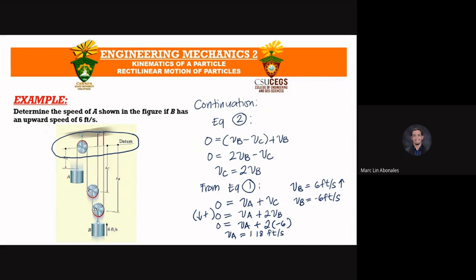So that is positive 18 feet per second. And since it is positive, the final answer for the velocity of block A is 18 feet per second downward.